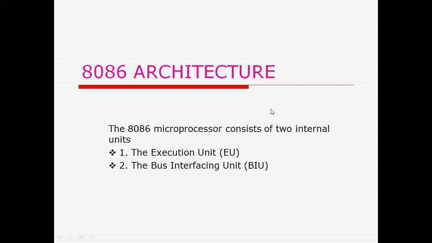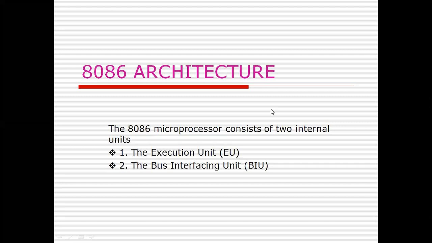Where do we place the data? We place the data, or the instructions, in the memory. So the microprocessor fetches the instructions from the memory, and according to the given instruction it processes or manipulates the data, and then it sends the results to the output devices.